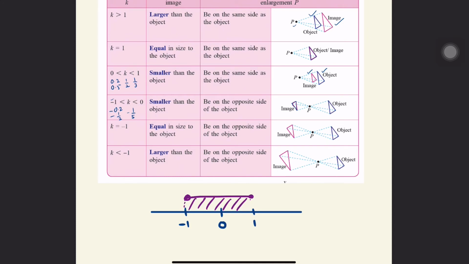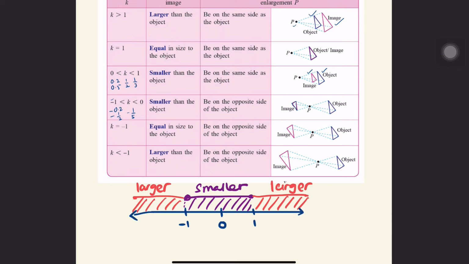If your K falls into this region, the image is smaller. When it falls on this region, the image is actually larger. Maybe you can memorize this number line so it's easier for you.